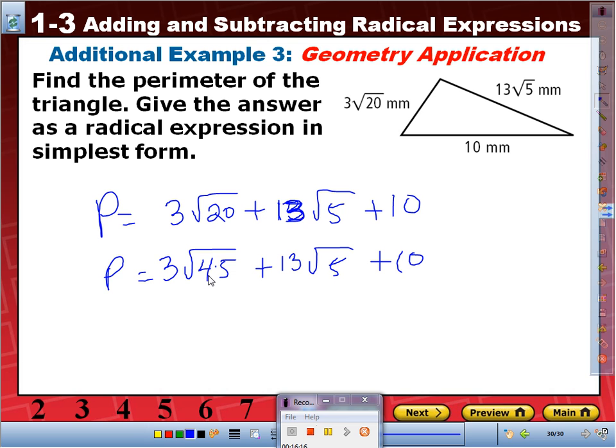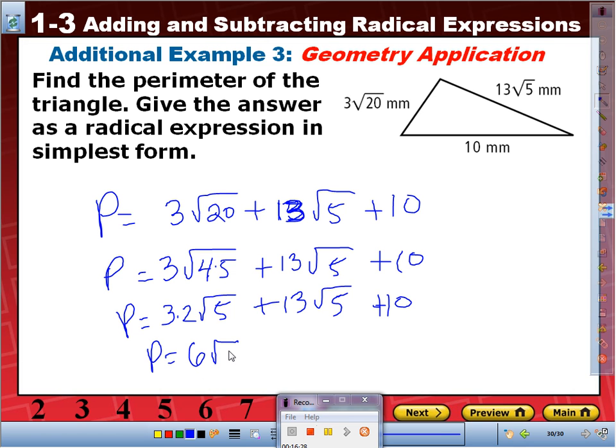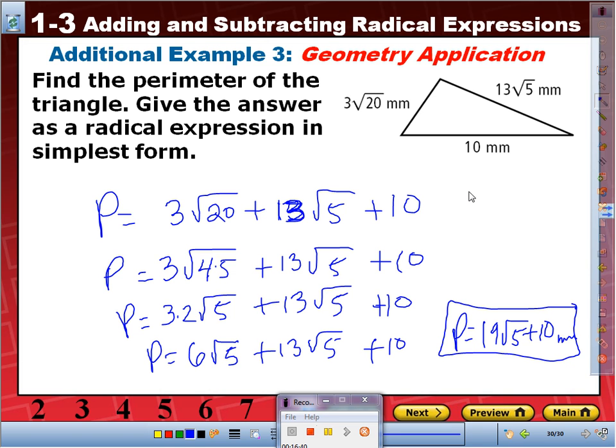What is square root of 4? 2. This is 3 times 2 square root 5 plus 13 square root 5 plus 10. This becomes P equals 6 square root 5 plus 13 square root 5 plus 10. We combine like terms, so the perimeter is 19 square root 5 plus 10 millimeters.